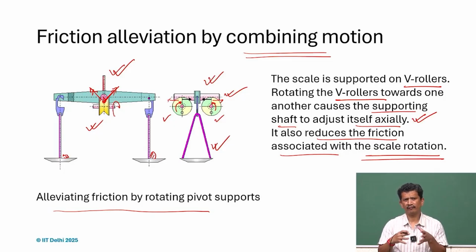So you don't need a very sophisticated system, but simple mechanical ingenuity, I would say. And the concept we learn, we can apply and use to design these precision devices. So one can always try to build these things and try on your own up to what extent you can do.